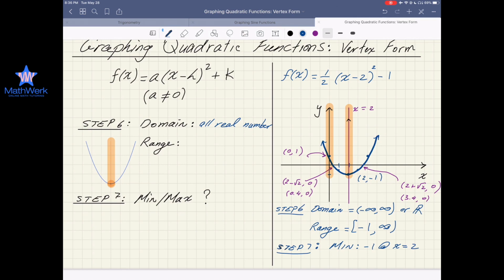Basically, you're telling us what is the smallest y value and where that happens. Okay? And since there is no max, we're going to say none because this function keeps going up indefinitely. So there you have it. This is how you graph quadratic functions in vertex form and label all the properties of this quadratic function.